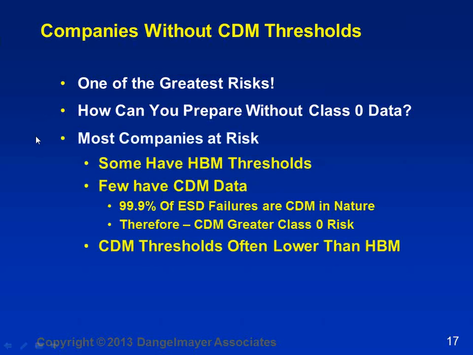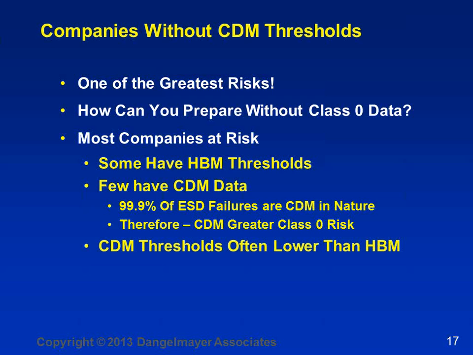So based on our experience, most companies are at risk for this issue. Some have HBM thresholds. Unfortunately, many do not, but some do, which is a good start. However, very few have CDM data. And as we said earlier, 99.9% of the ESD failures today are CDM in nature.